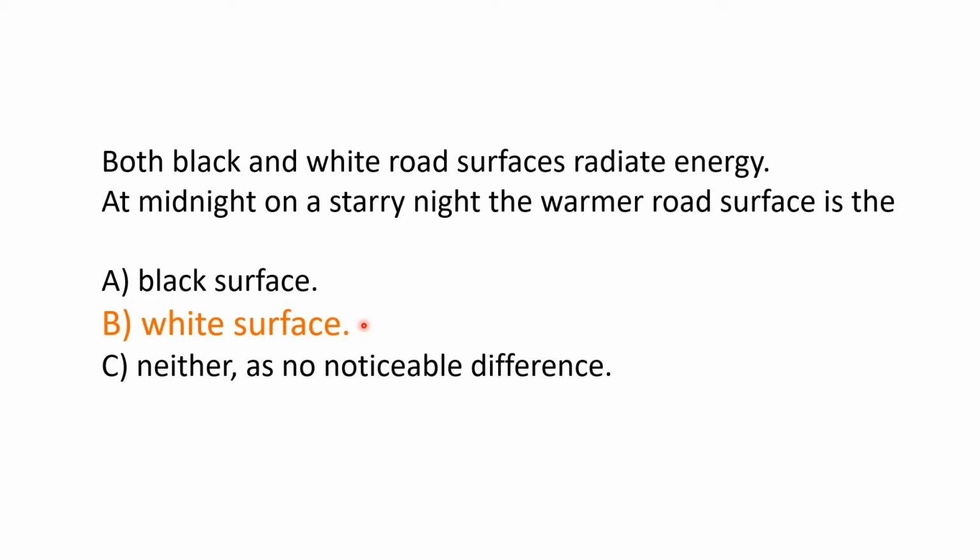It holds onto that energy for longer, we could say. The black surface might have started with more energy, but it emitted it through radiation at a faster rate, so it lost it quicker and thus cooled down. The white delayed that process. It hung on to it for longer by emitting at a slower rate.